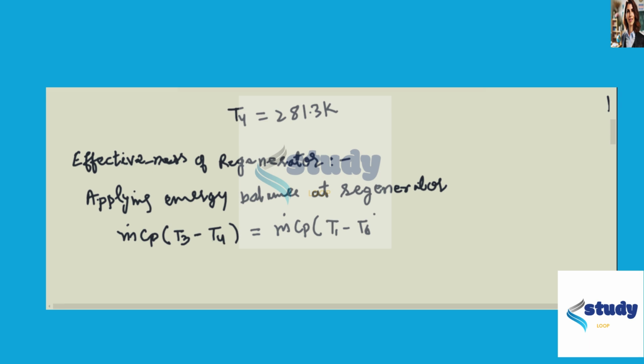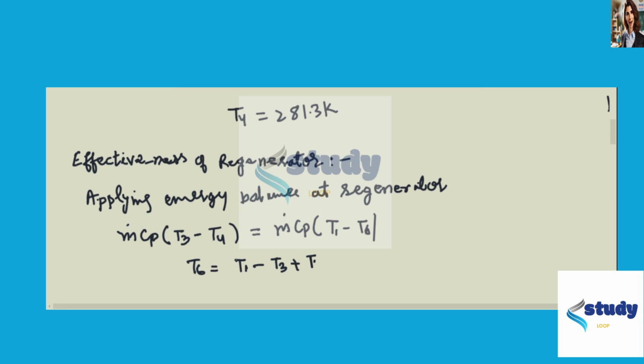So from here, temperature of sixth state you will get T6 equal to T1 minus T3 plus T4.